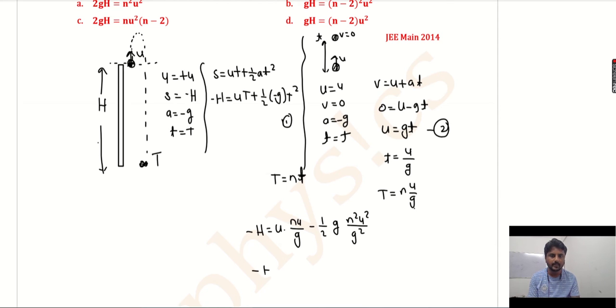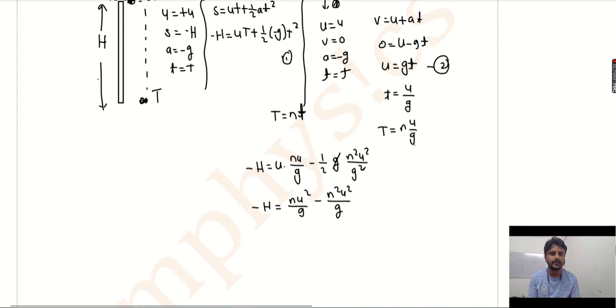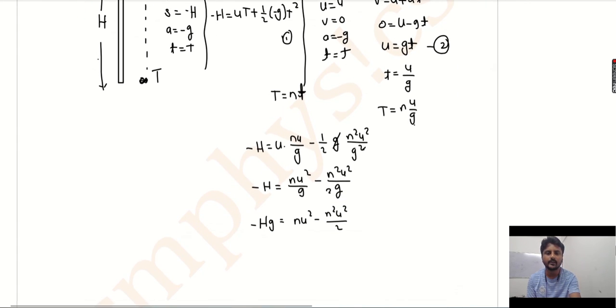So solve this. Minus h is equal to n u square divided by g minus n square u square divided by 2g, where one g will get cancelled out. Take g common here. So minus hg is equal to n u square minus n square u square by 2. Let's take 2 common.